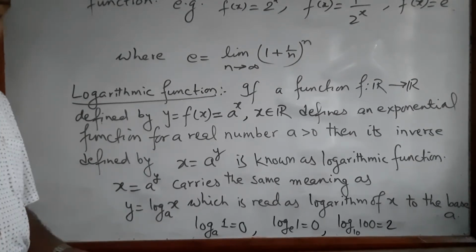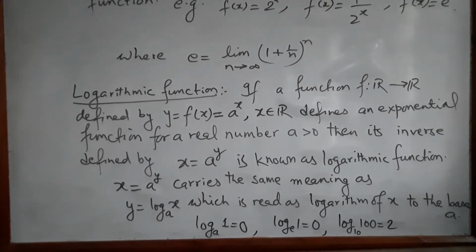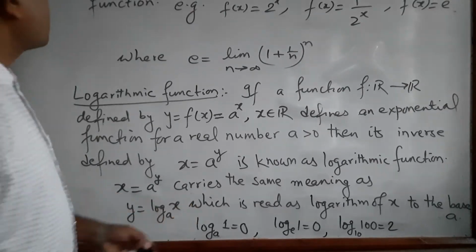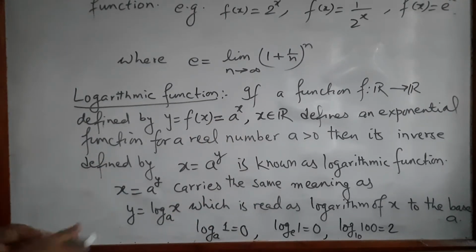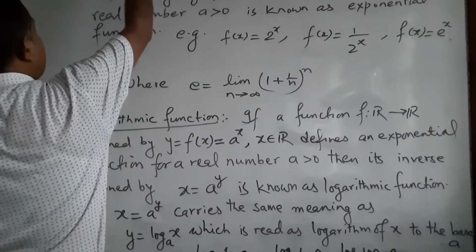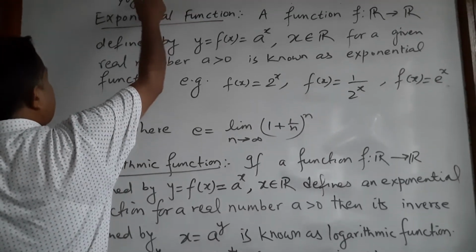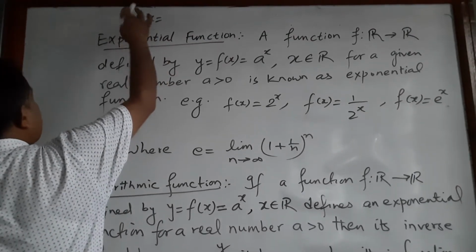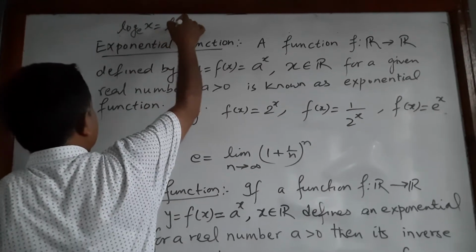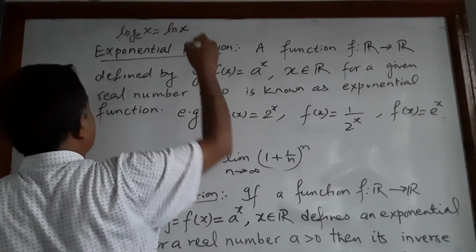So logarithm to the base e is sometimes denoted by ln only. It is denoted by ln of x.